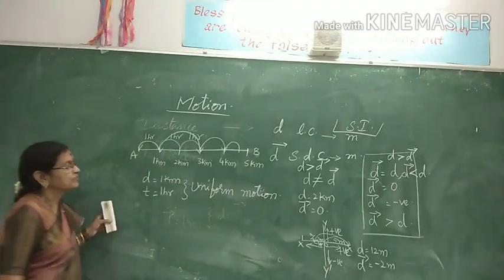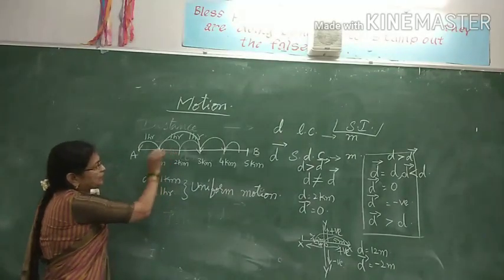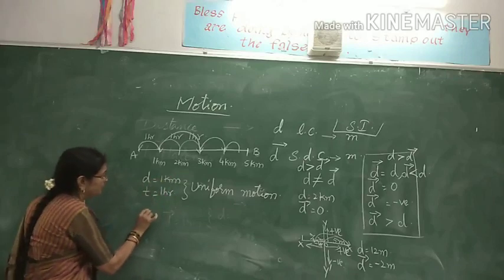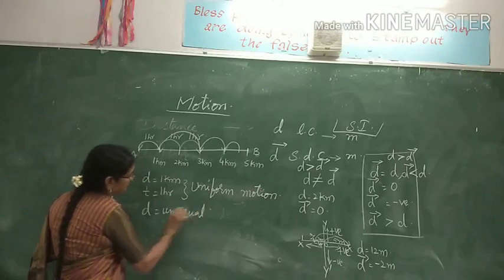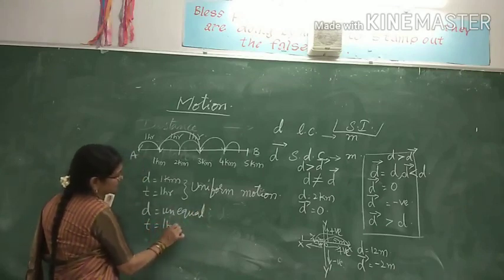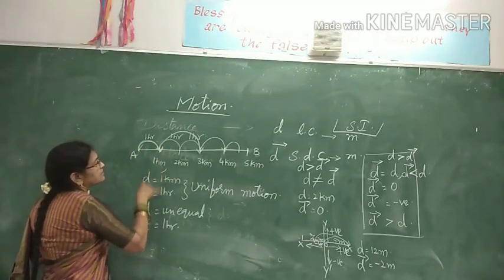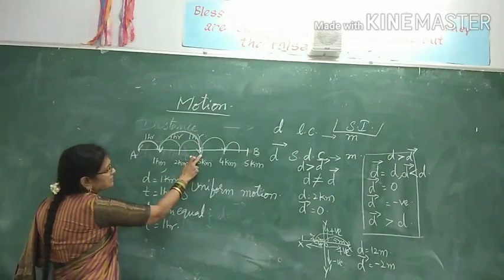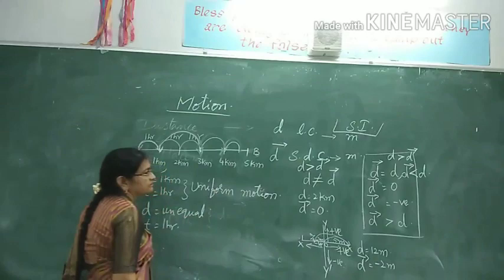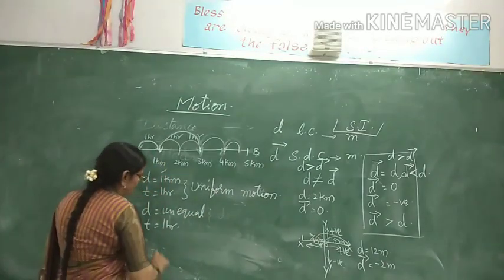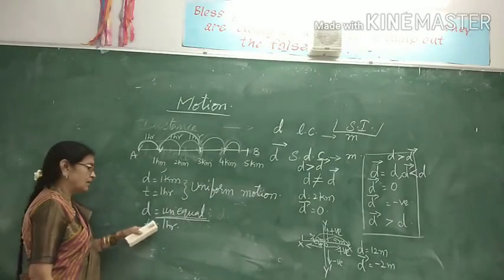See, the distance covered is unequal, but the time is 1 hour only. So the distances are unequal, but the time interval is equal.